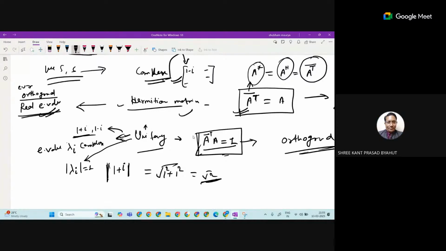In a complex vector, suppose 1 plus i and 1 minus i, two elements are there. Then how do we calculate the norm or this absolute value in vector form?